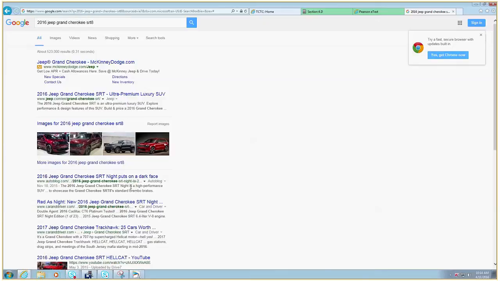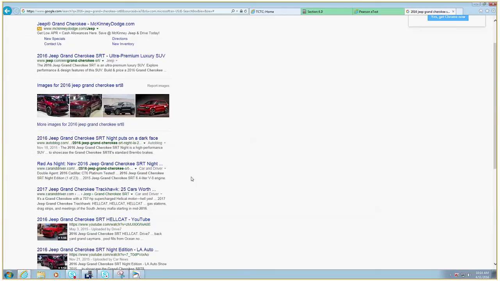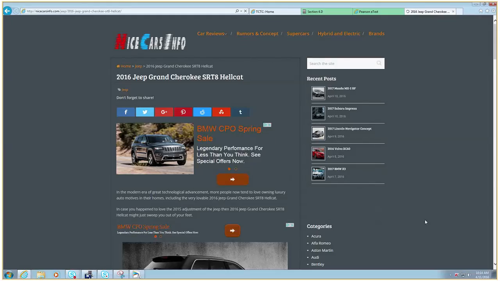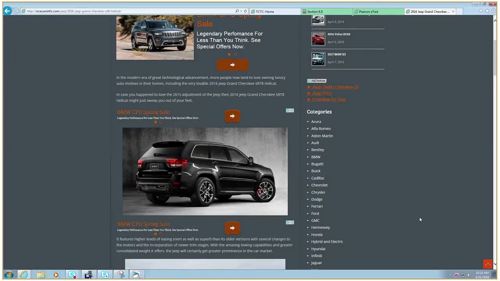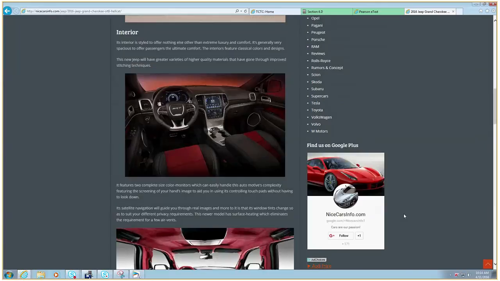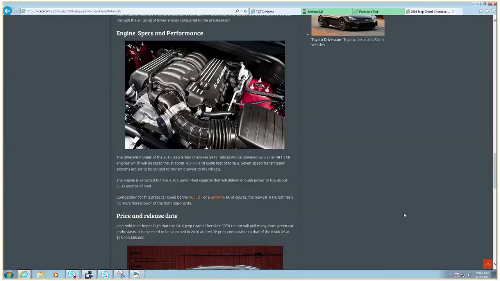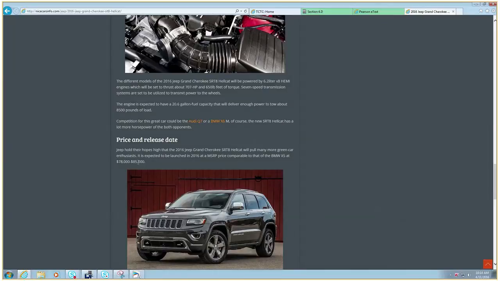That's ridiculous. Yeah, it is. SRT Hellcat Performance Price. I don't think they're gonna advertise the price. There we go, 78,000.